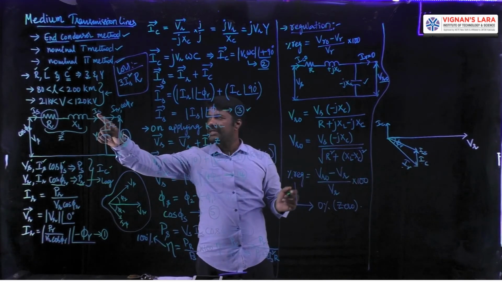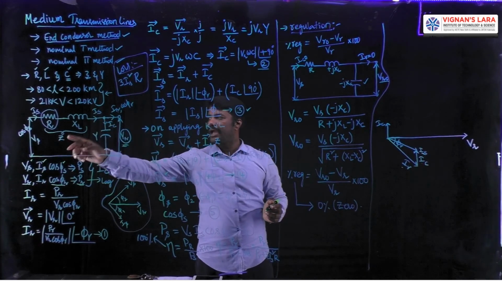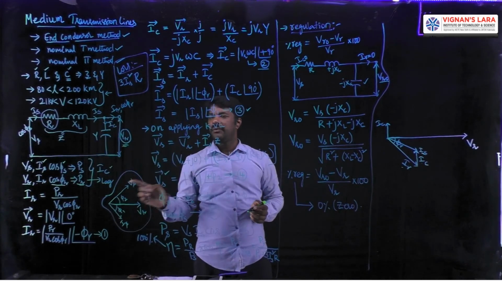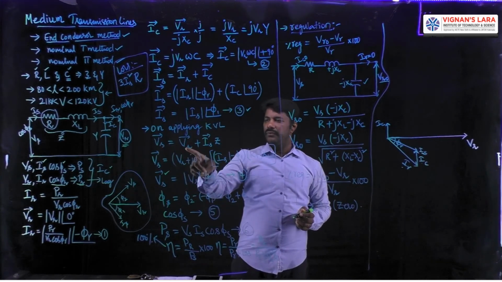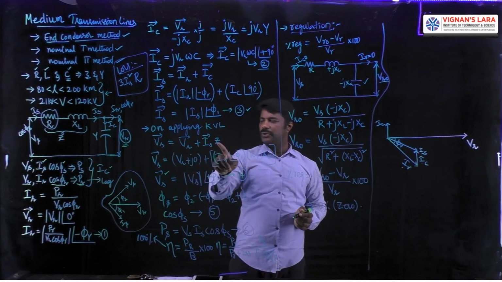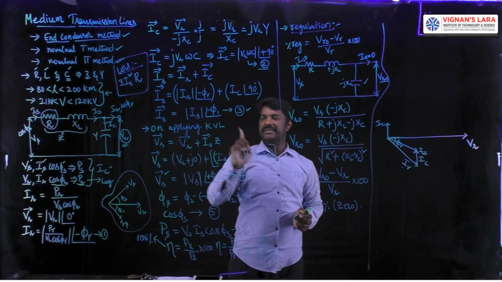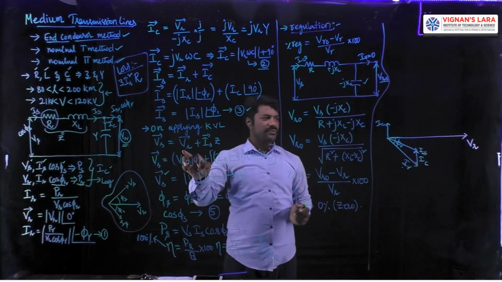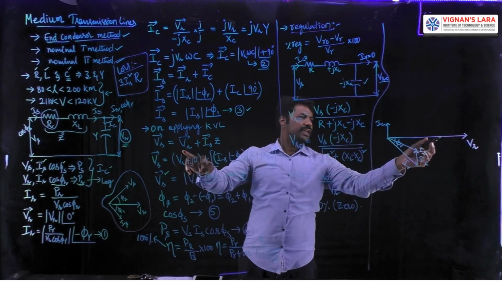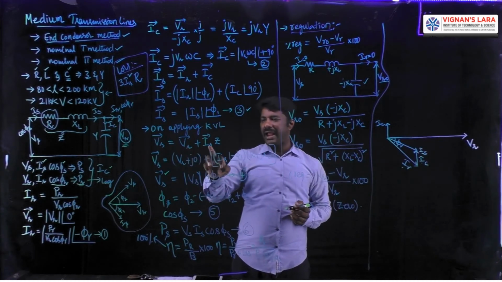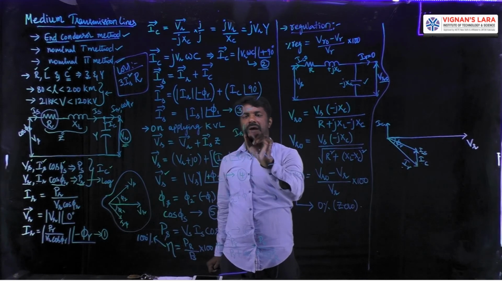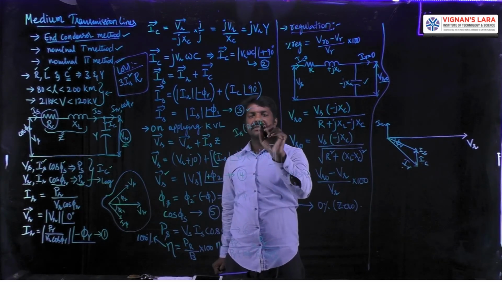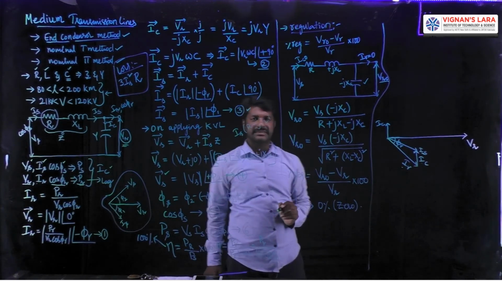Next, once after getting this IS, we have to implement KVL. What is KVL? As per KVL, Vs is equal to VR plus IS into R plus JXL. Then to this VR phasor, I have to add the drops called IS into R plus JXL. As simple as that.